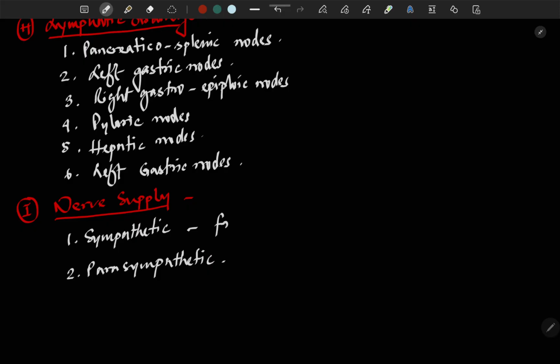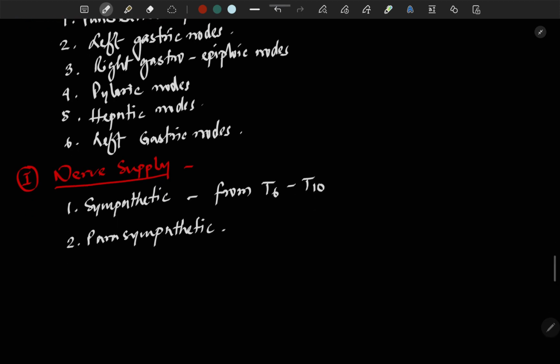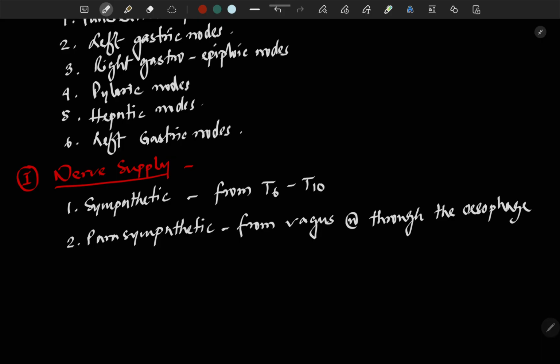Sympathetic is from T6 to T10 nerve roots. Parasympathetic is from the vagus nerve through the esophageal plexus.